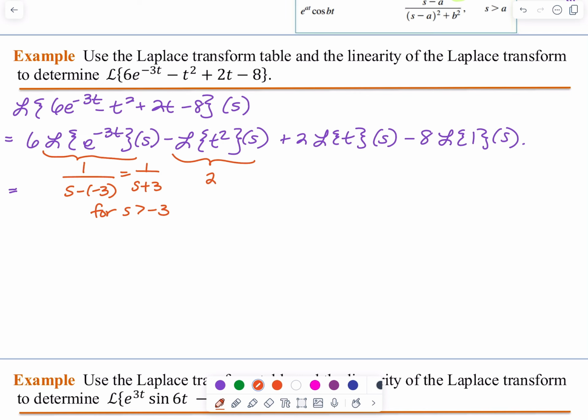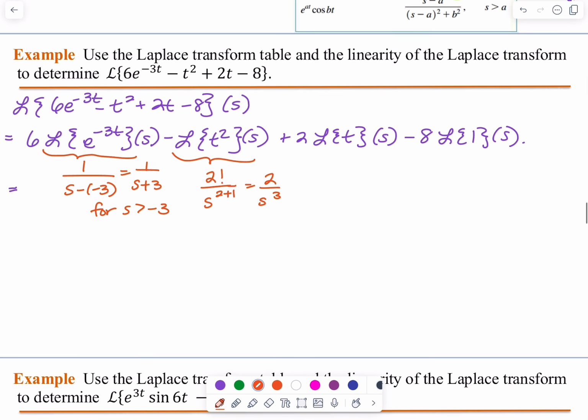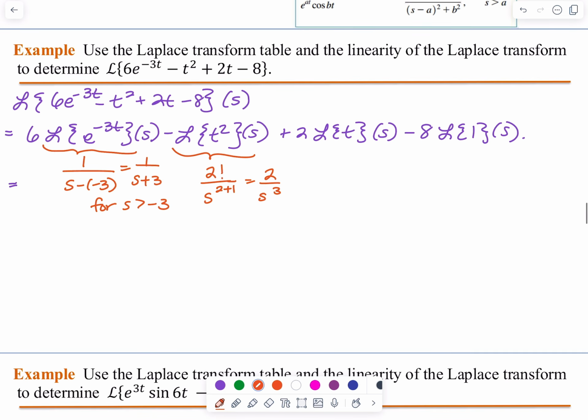And then our next Laplace transform, using our table, we have that this is equal to, for the Laplace transform of t squared, 2 factorial divided by s raised to the 2 plus 1 power. And of course, we're going to get 2 over s cubed. And then we have the Laplace transform of t, and that is going to be 1 factorial over s raised to the 1 plus 1 power, and we have 1 over s squared.